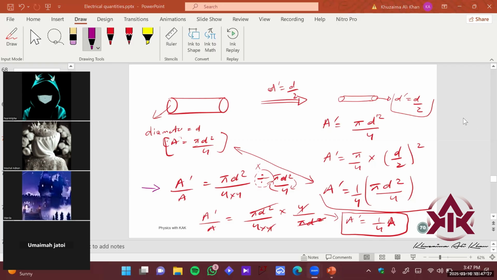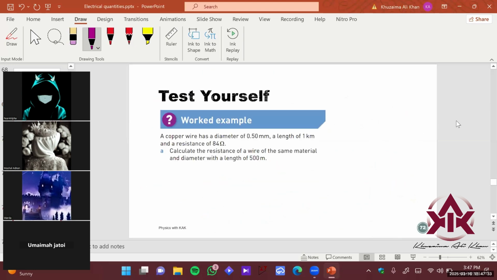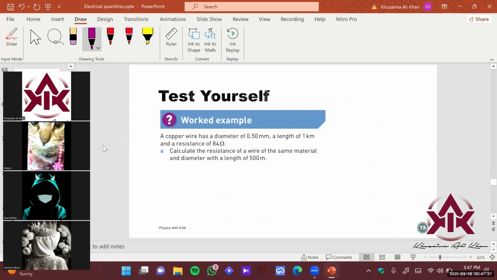Right. Now since I have done detailed analysis of resistance, area and length over here, you have a question to solve. You have 3 minutes to solve the question. So I'm going to write down the formulas here. Resistance is proportional to length, resistance is inversely proportional to area.